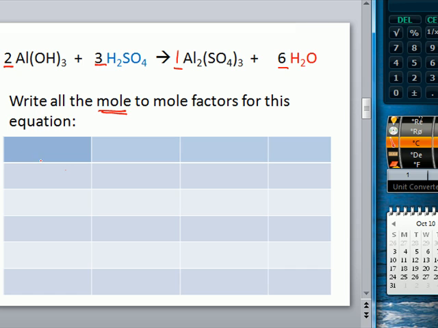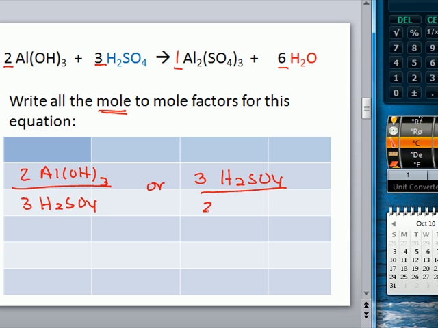So, for example, we can write a variety of mole-to-mole conversion factors. For example, 2 aluminum hydroxides will react with 3 sulfuric acid molecules. Or we could rewrite that as 3 sulfuric acid molecules will react with 2 aluminum hydroxide molecules.